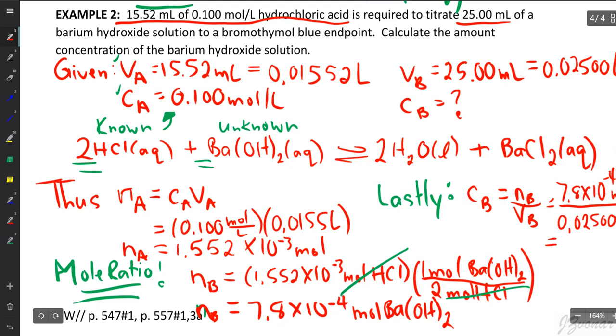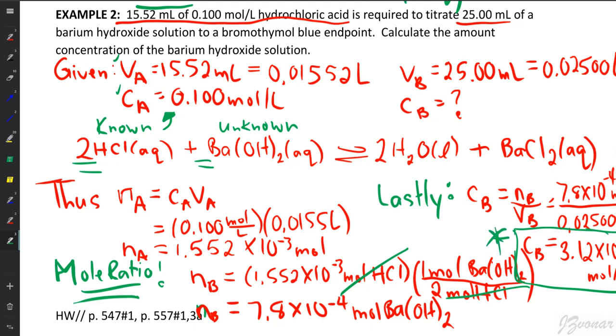And then this is going to give us our concentration. So it's 3.12, going to 3 significant digits, times 10 to the negative 2 moles per liter. So this represents the concentration of the base. This is what we're looking for. So that is my final answer.